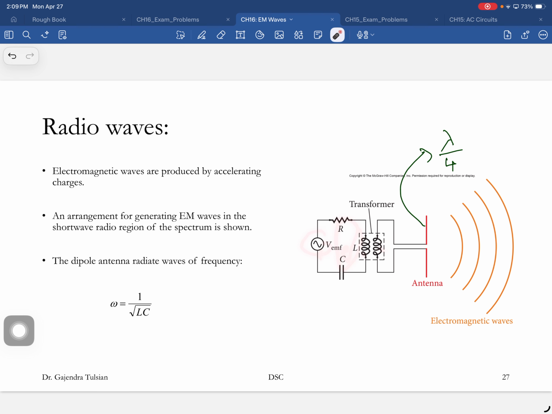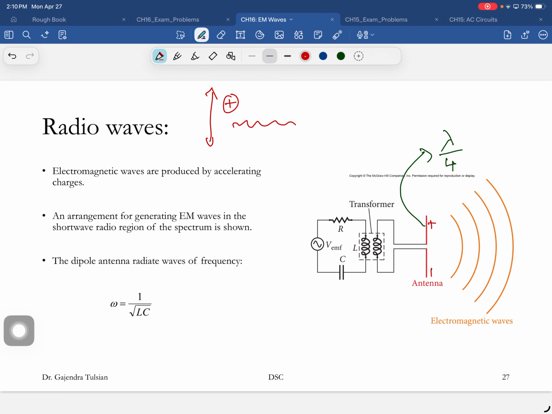You of course know that there are AM and FM radio. AM is amplitude modulation, and FM is frequency modulation. So what these have is a signal, which is the song you're transmitting, plus a carrier wave.